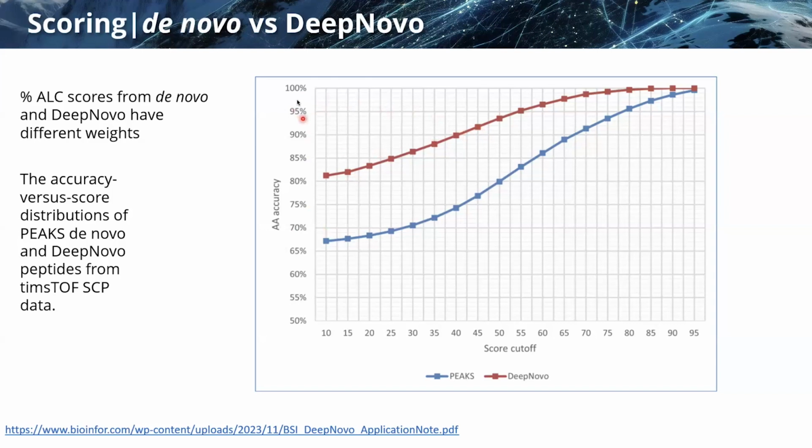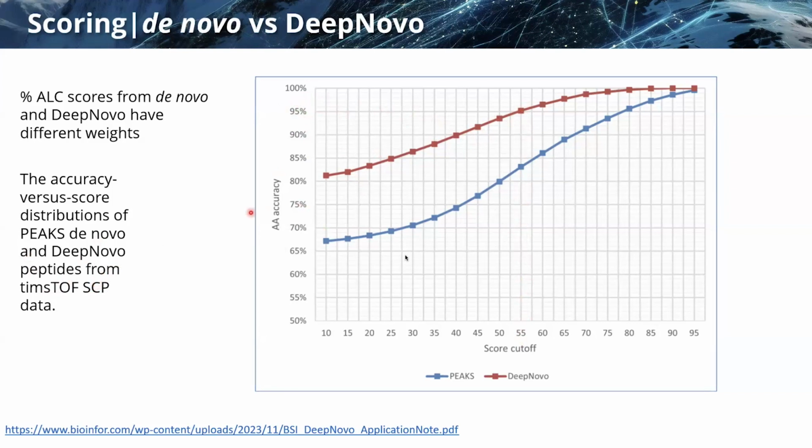And for example, if you impose a 95% accuracy for the peptide sequence, you can see that the score cutoff here for the deep learning based algorithm is around 55. Do note that this is for timsTOF data specifically.